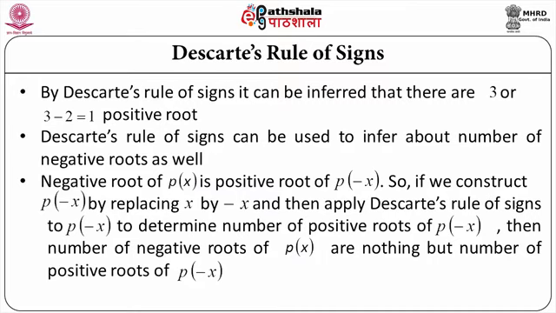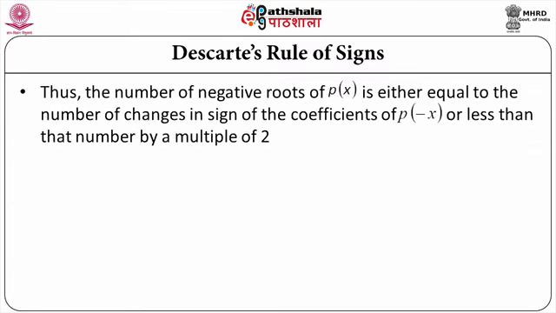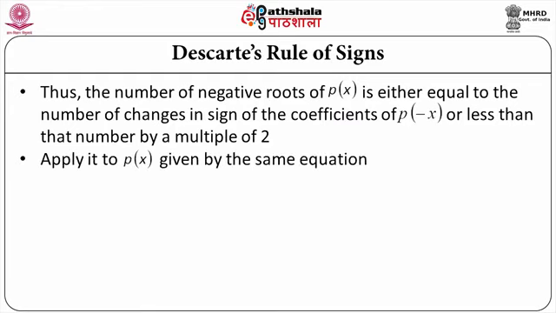We know that the positive roots of p(-x) will be the negative roots of p(x), and therefore, if in the expression of p(x) we replace x by minus x, obtain the polynomial p(-x) and apply Descartes' rule to p(-x), then whatever inference we draw about the number of positive roots of p(-x) is nothing but the estimate for the number of negative roots of the polynomial p(x).